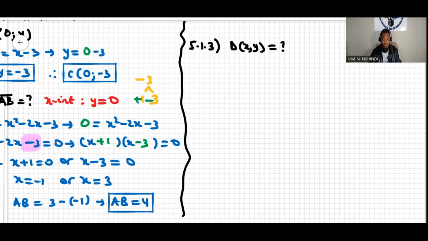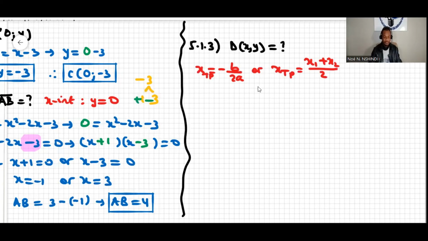There are different ways of finding the turning point. One way is to use the formula x is equal to negative b over 2a. The x of the turning point, xTP, can also be the average of the intercepts, x1 plus x2 over 2. In this case, I prefer to select any of these two.